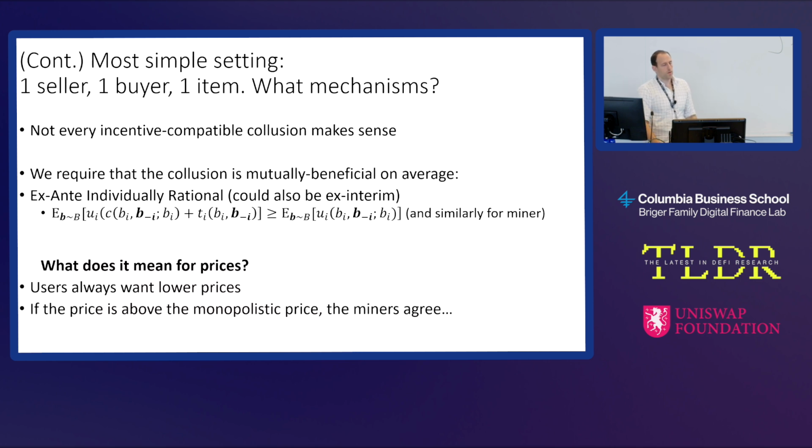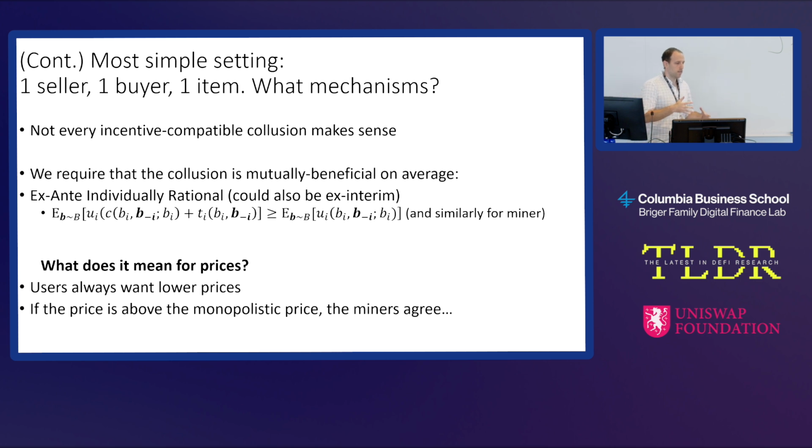But this doesn't always make sense, because we want this to be a collusion that everyone buys into, everyone wants to participate in. So in our model, a collusion is something that everyone wants to be a part of, okay? You could also think about collusions that don't have this property, that come out of threats, or maybe the miner has the ultimate power, or maybe the users have the ultimate power.